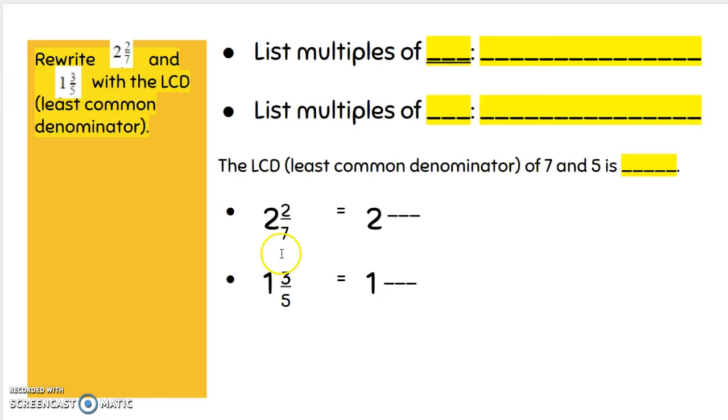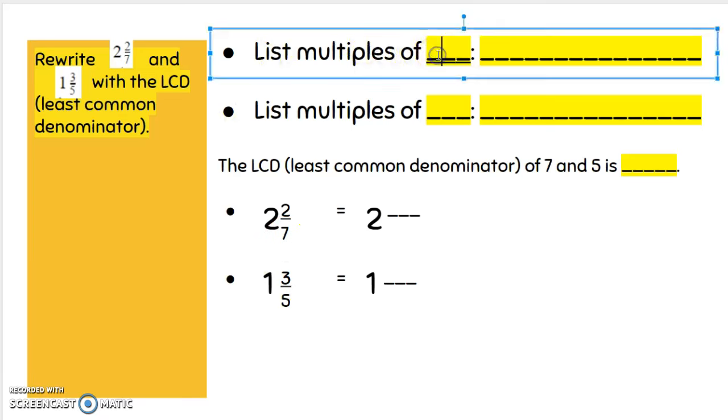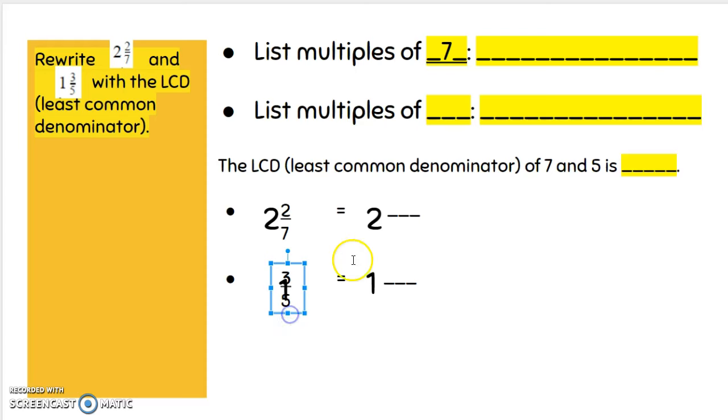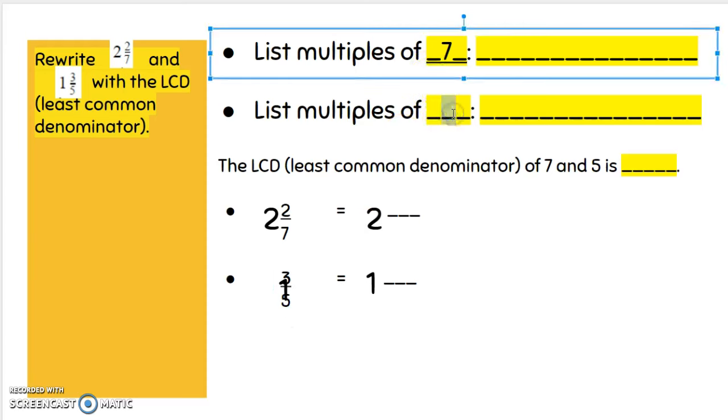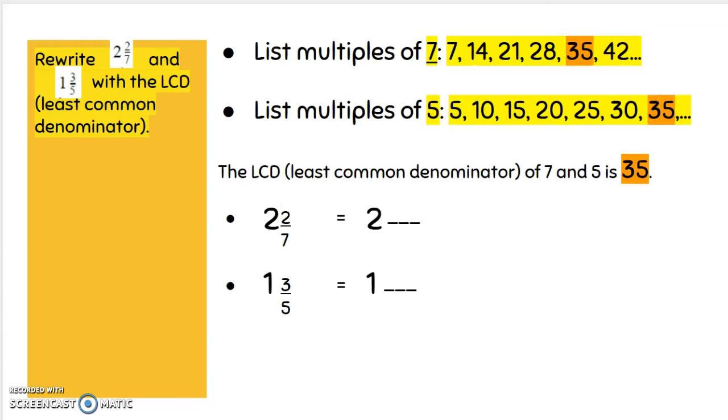So in order to find the least common denominator of these two numbers, we need to find the multiples of the denominators. In other words, we need to find the multiples of 7 here, and we need to find the multiples of the second denominator, 5. So you list those out.